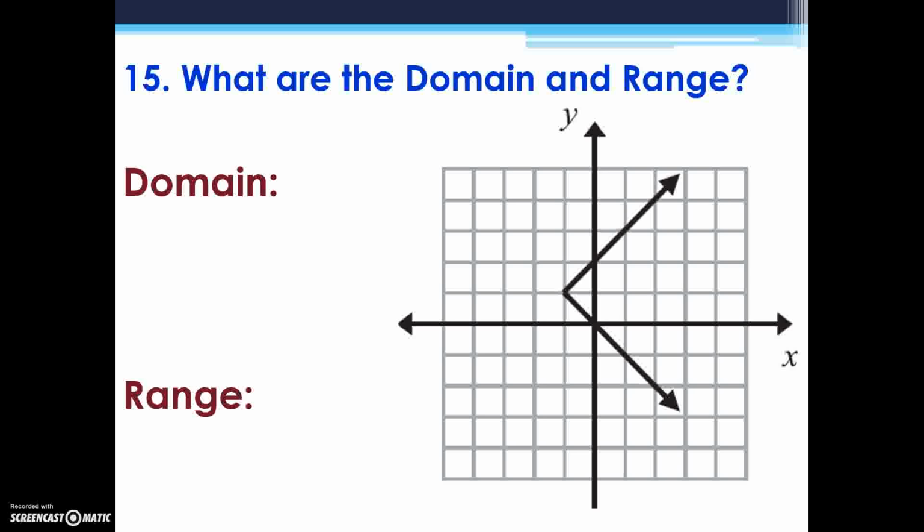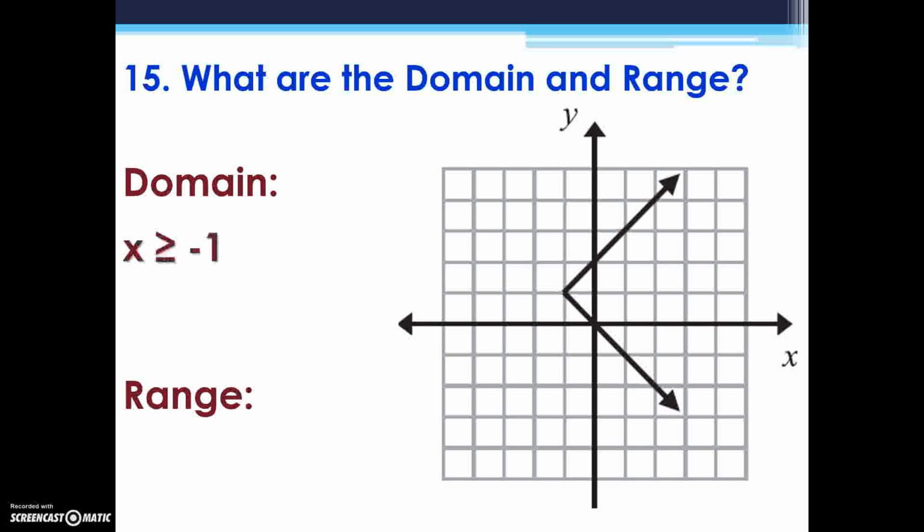This graph is a little similar to the last one we just looked at, but a little bit different. If I look at the x values, where does my domain, I guess, start? Especially since I'm looking left to right. Can I say all reals again because there's two arrows? For my domain or my x values, I can't do that.